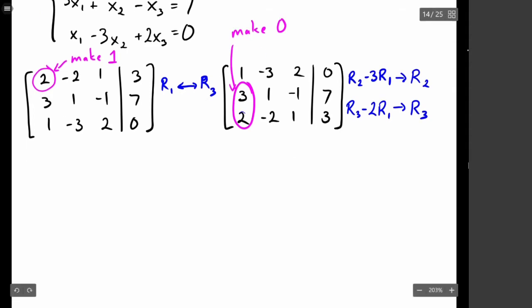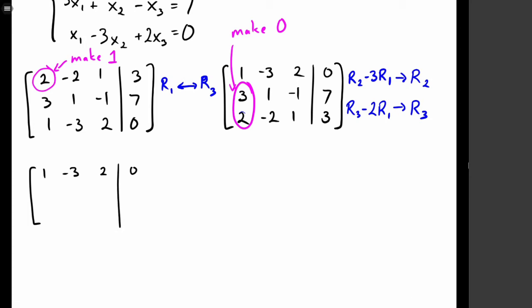So, once we do these steps, what we're going to wind up with is 1, negative 3, 2, 0. Let's see. We'll get 0, 10, negative 7, and 7. 0, 4, negative 3, 3.